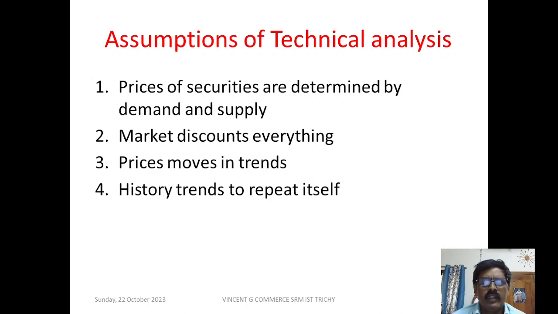And flat trend is that there is no difference. The difference between today's price and yesterday's price is very minimal or very close to each other. But when you plot it in a graph, it takes almost a straight line. So prices are always moving in trend.